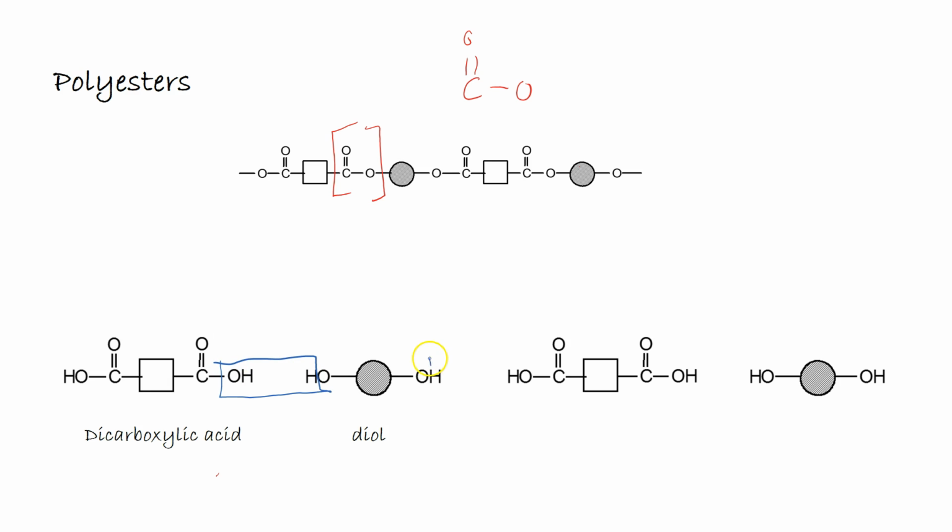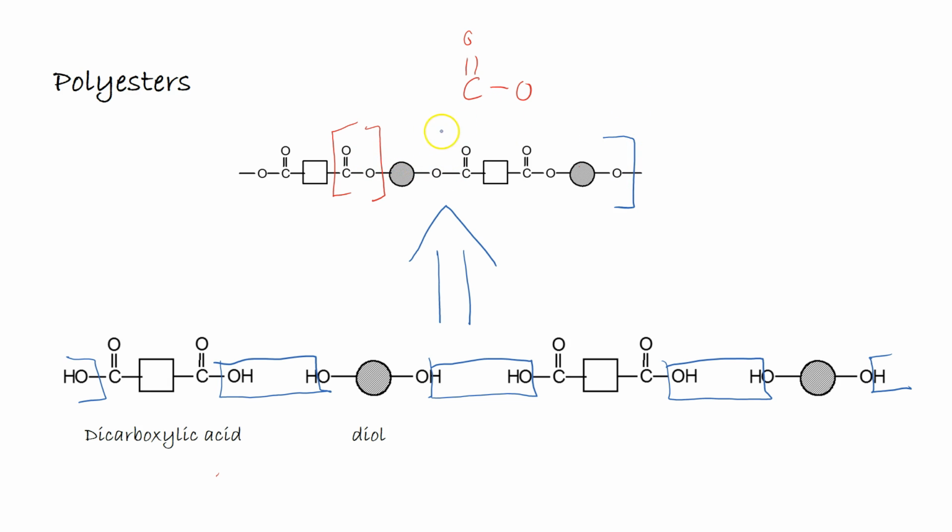As they react, they will release a molecule of water, and importantly, per repeat unit, so that is from here all the way up to this endpoint on the other side here, they will produce two molecules of water per repeat unit, because there's two ester bonds being formed.